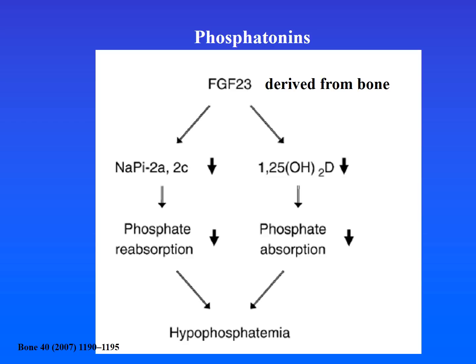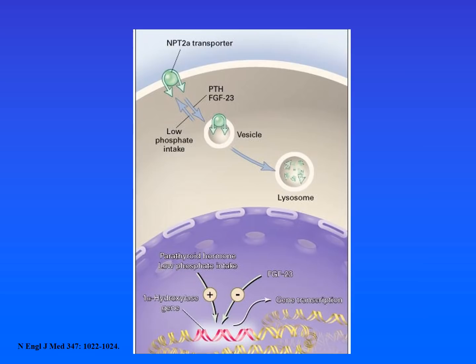So FGF23 either directly or indirectly leads to decreased phosphate reabsorption at the kidney level and decreased phosphate absorption from the gut, and both of those contribute to the hypophosphatemia that accompanies excess levels of that hormone.